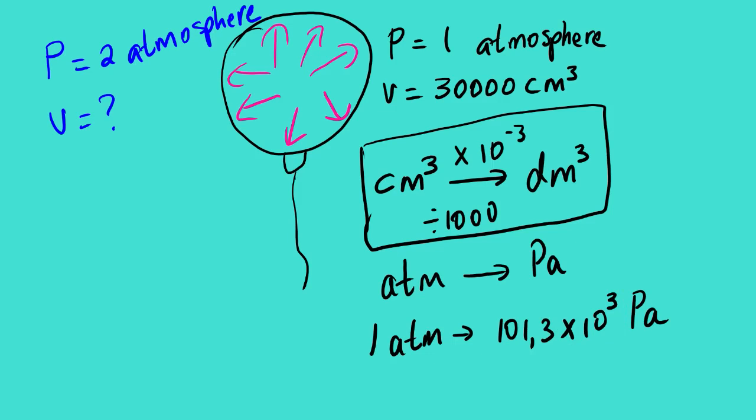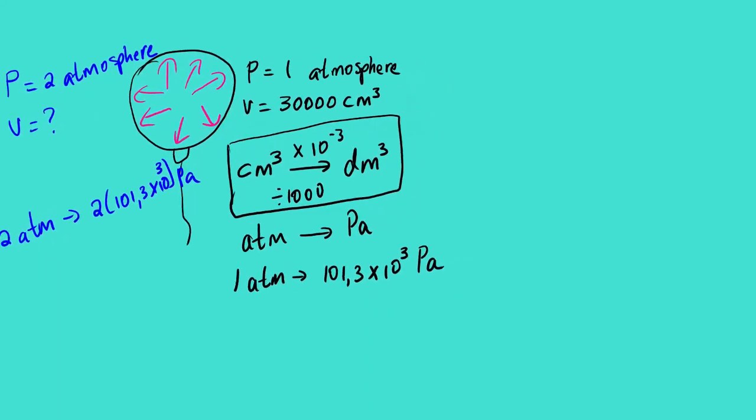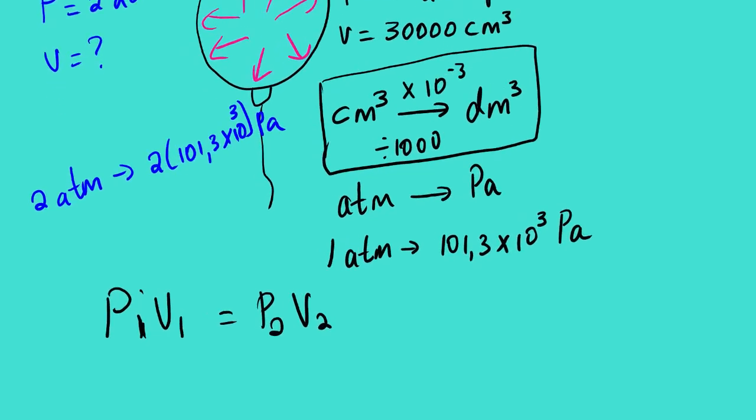So this simply means that if we have 2 atm, then you're going to have 2 multiplied by 101.3 times 10 to the power 3 pascals. Since we know our conversion, we can go ahead and find our answer. By the way, the question is looking for the final volume, or V2.